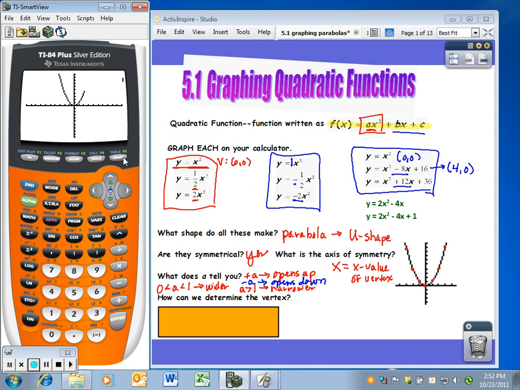There's x squared plus 12x plus 36. Again, x squared's vertex was at 0, 0. X squared plus 12x plus 36 went 1, 2, 3, 4, 5, 6 to the left. So this one was negative 6, 0.